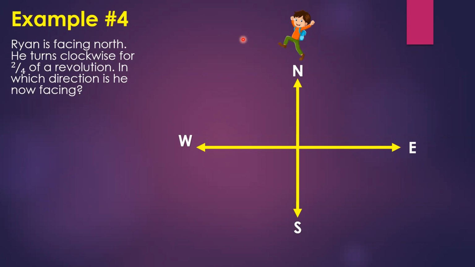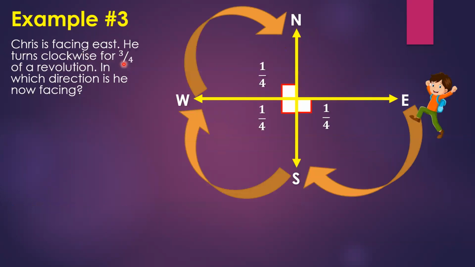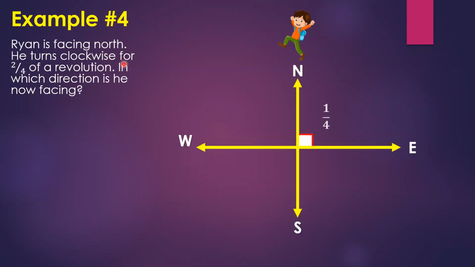All right, so let's do it. We start at north, right? And we have to go clockwise, right? Yes, sir. Good. Clockwise is this way. So from north to east, that's clockwise.